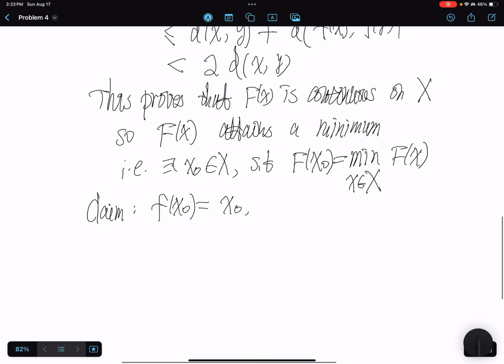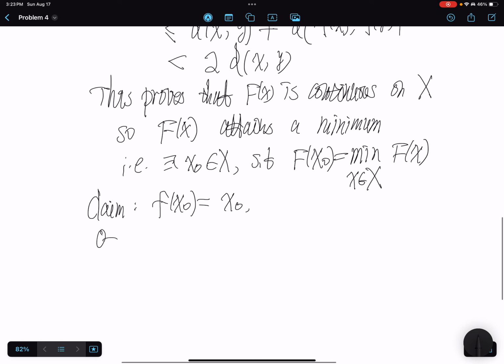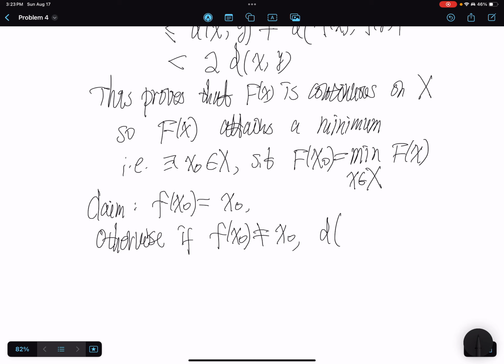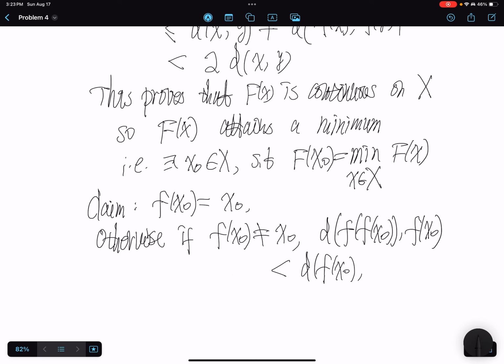To prove this, what if otherwise? If f of x0 is not equal to x0, by assumption we know the distance between the images of these two points will be strictly less than the distance between x0 and f of x0.